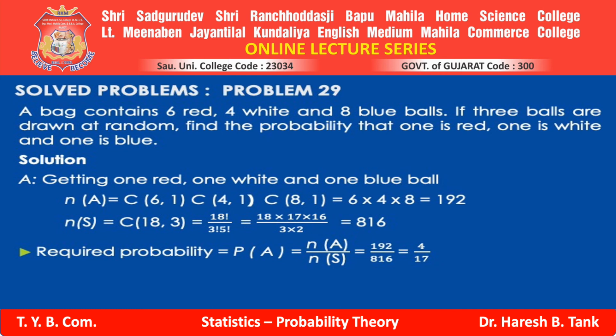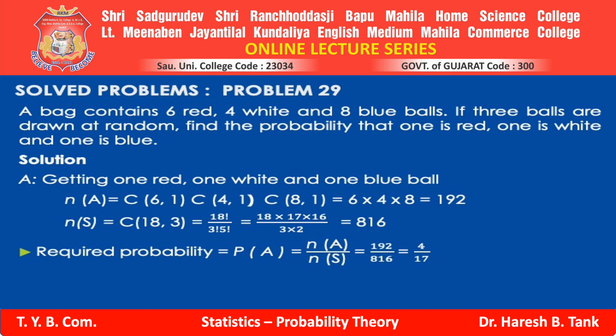So naturally, the number of elements in set A, or event A, becomes 6C1, 4C1, 8C1. So it is 6 multiplied by 4 multiplied by 8, which comes to 192.